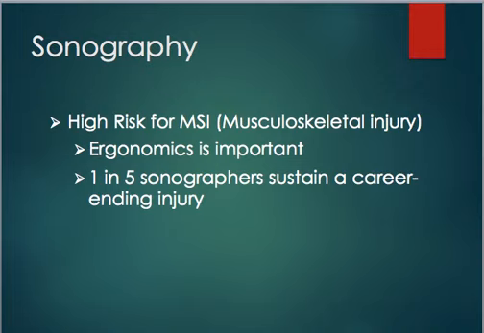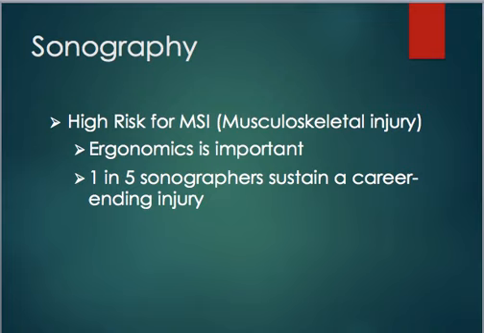There is a high risk for musculoskeletal injuries. So sonographers do have a high risk of MSIs. Studies actually show that 84% of ultrasound professionals have experienced some degree of pain related to their profession. So 1 in 5 sonographers sustain a career-ending injury. So ergonomics is really important in sonography. Ergonomics is the science of proper body mechanics, postural alignment, and workspace design.